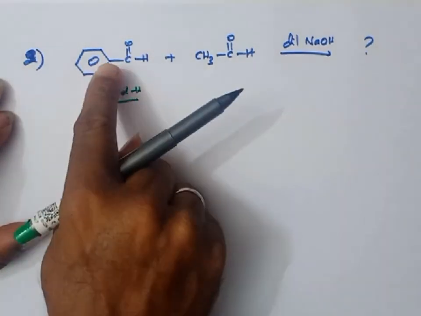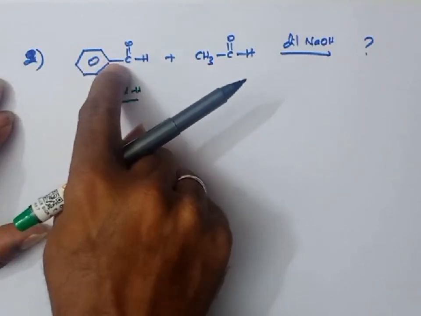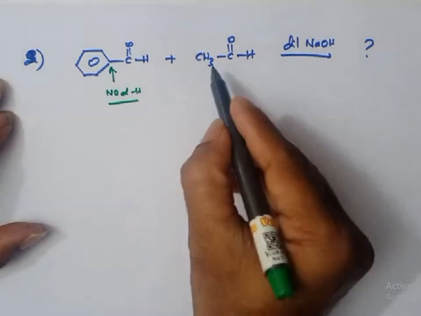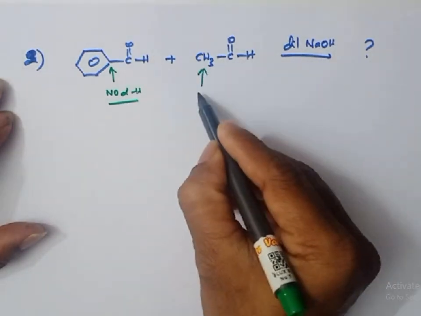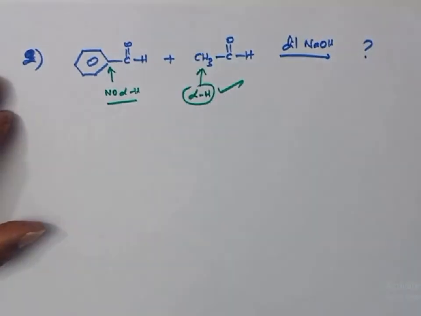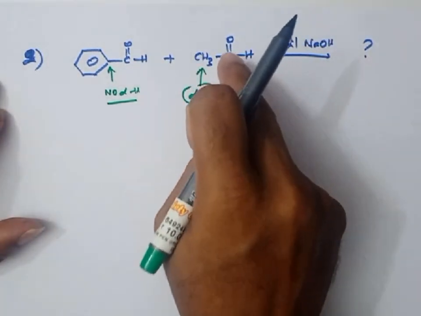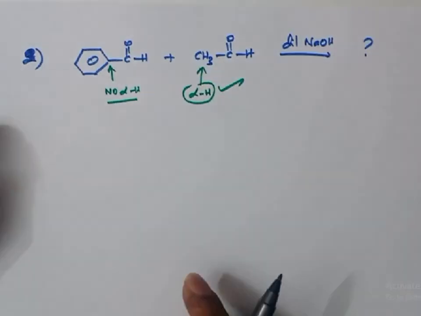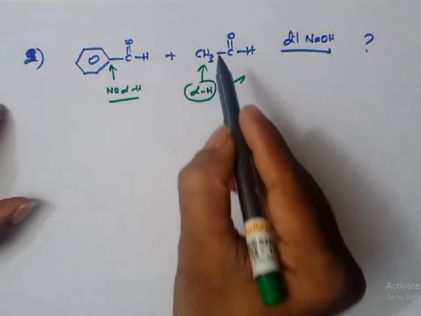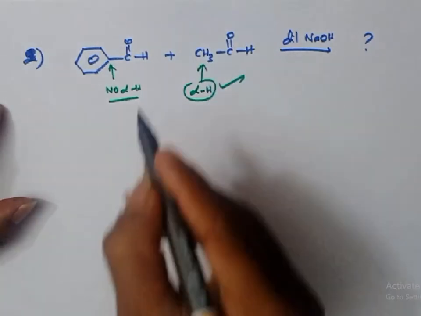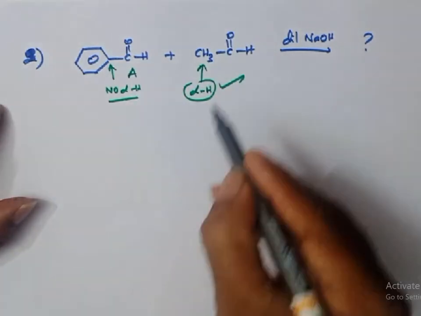That means this compound does not undergo aldol individually. Whereas the second compound, yes, here we have an alpha hydrogen. So this compound can undergo aldol. But since we have a mixture, this is the only molecule that can form an enolate. So I'll take this molecule as A and this molecule as B.